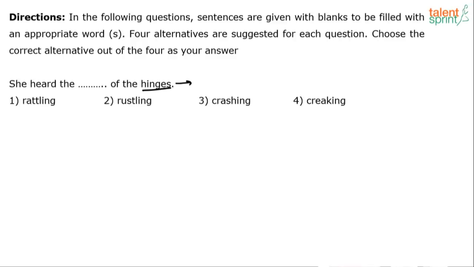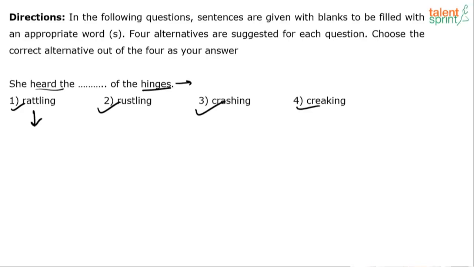So those are hinges. So she heard. So we are talking about sound, and the different kinds of sound. The options that we have got are these sounds: rattling, rustling, crashing, and creaking. Now, the meaning of rattling. What is the meaning of rattling?